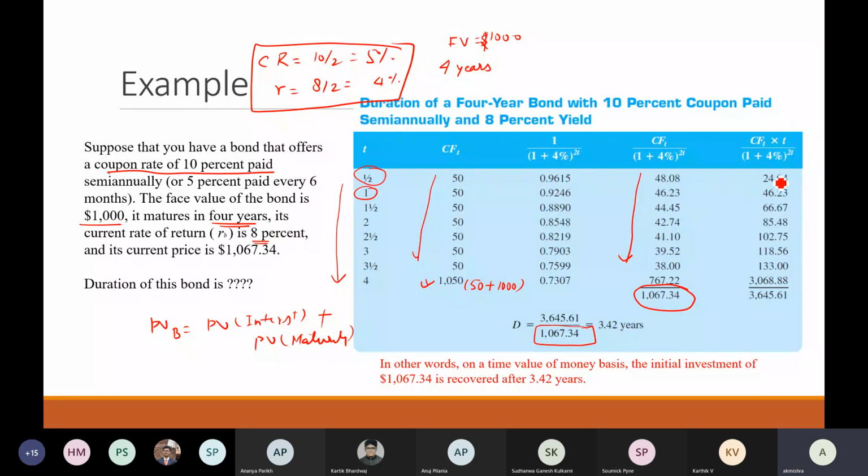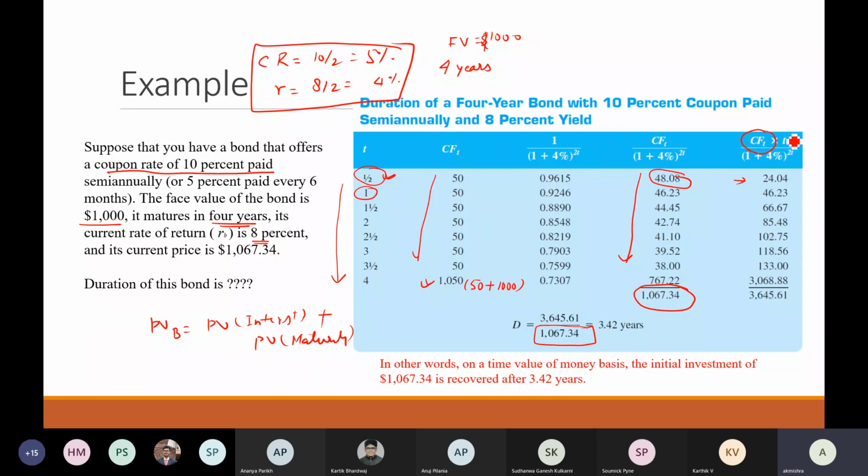And now here what we have is cash flow. This is your cash flow. Cash flow means this amount, this 48, and this is your time weightage. Remember, 48 into half becomes 24, 0.04.